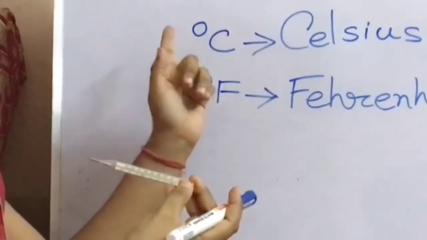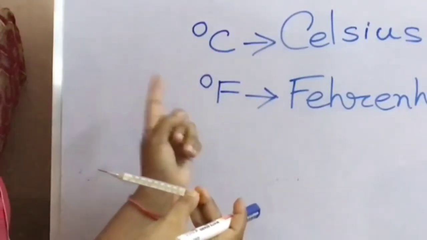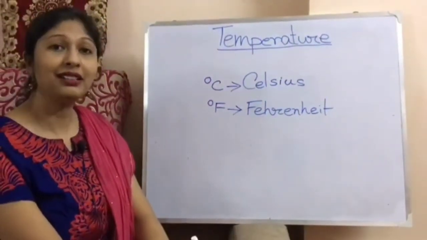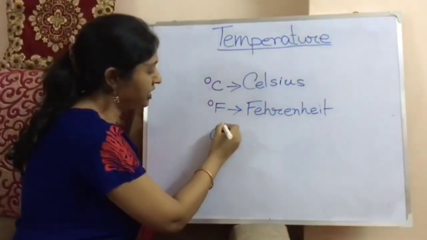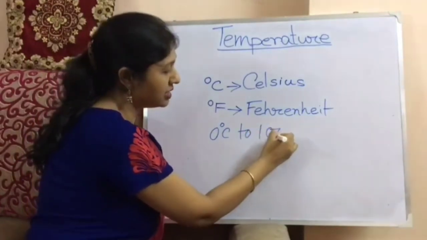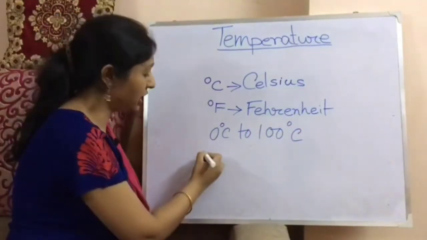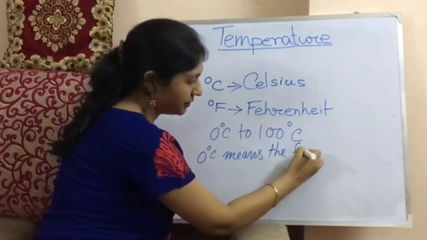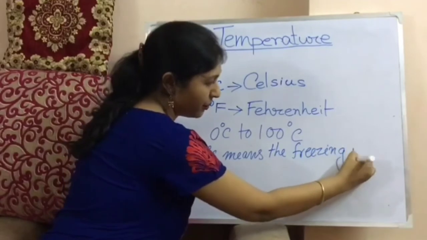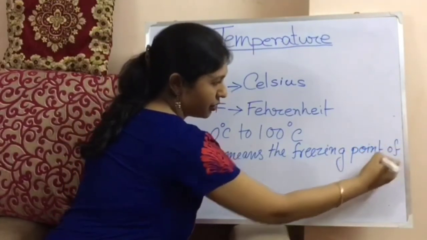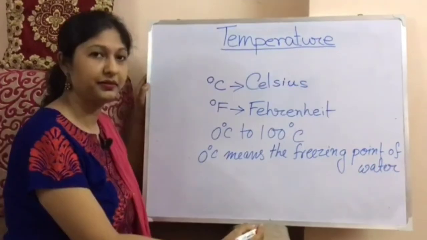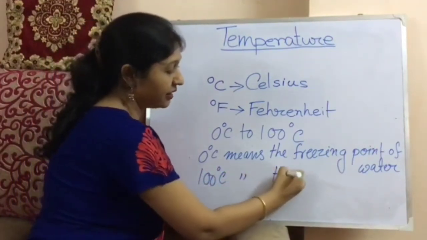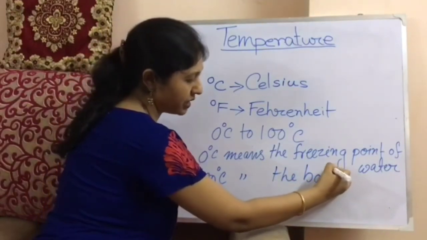I already discussed, Celsius means degree C and Fahrenheit means degree F. In that scale, Celsius is marked from 0 degree Celsius to 100 degree Celsius. 0 degree Celsius means the freezing point of water, and 100 degree Celsius means the boiling point of water.